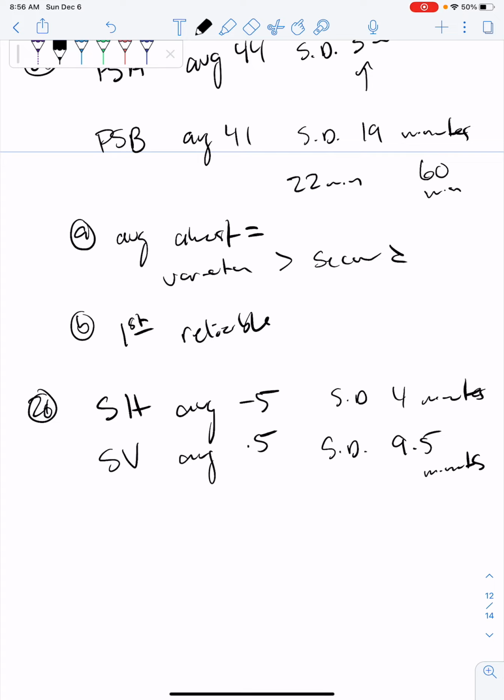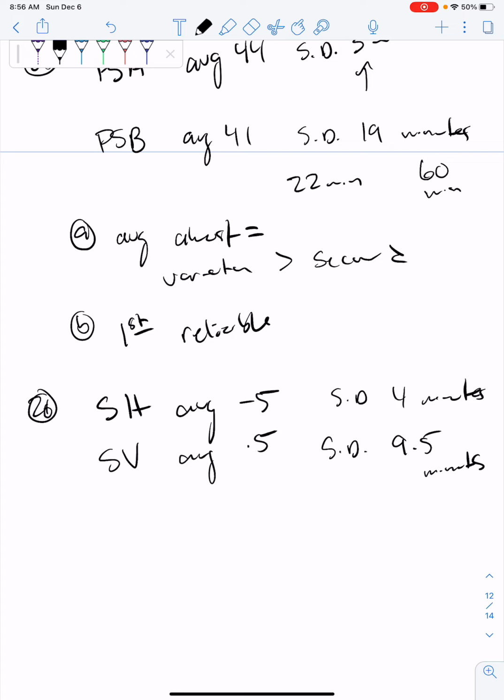So this one's going to ask you the same thing. It wants you to explain what this means. Well, what this means is that Sky High is late on average more often, but when you look at how spread out the data is, it's a lot more reliable because there's only a 4-minute standard deviation.